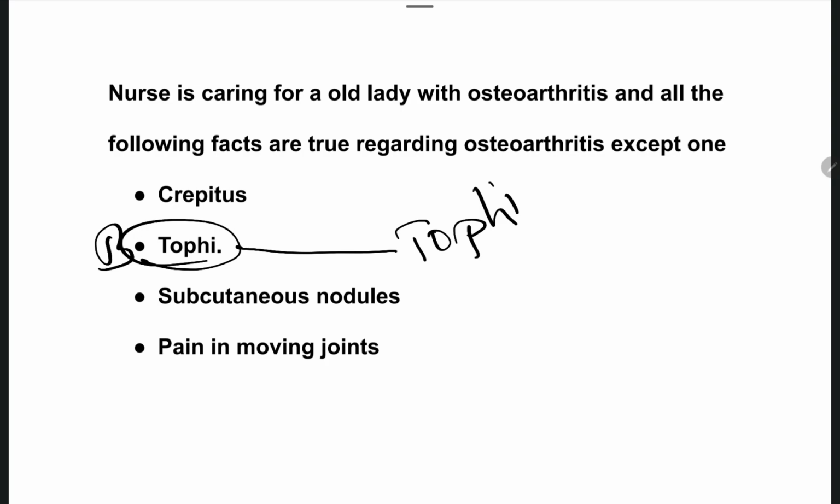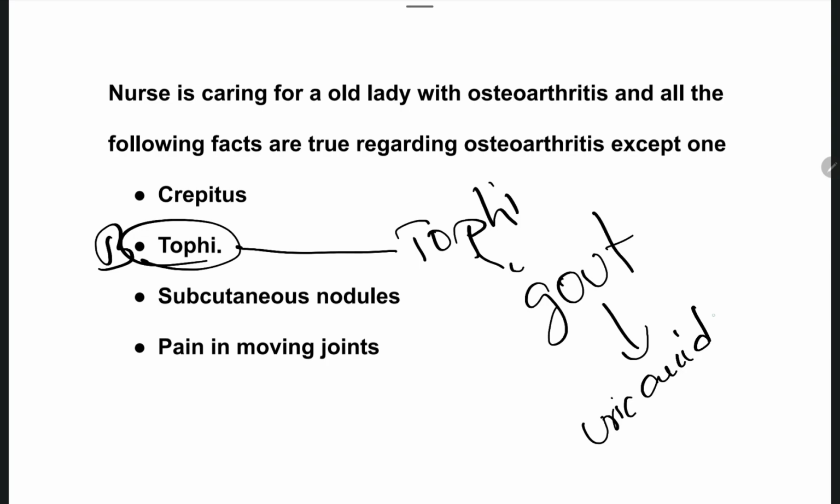Tophi is a clinical feature we can see in the condition of gout. So what is gout? Gout is a disease of uric acid deposits.